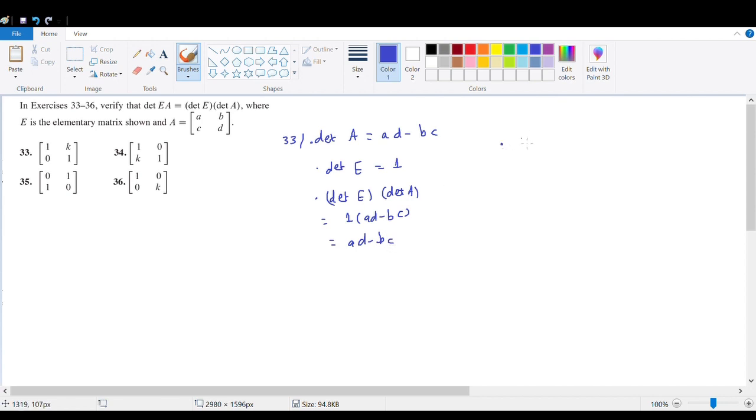On the other hand, we need first to find EA, then we need to find the determinant for this one.